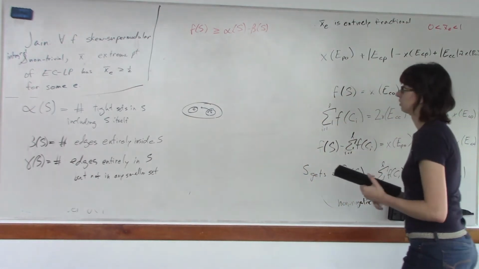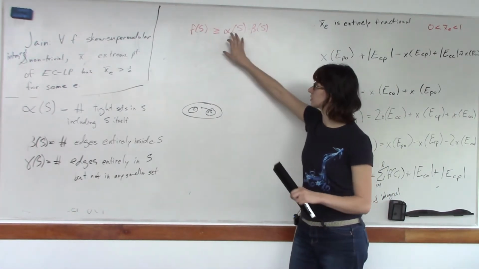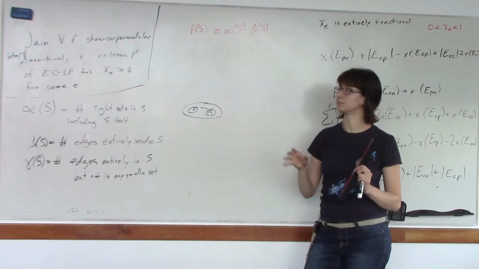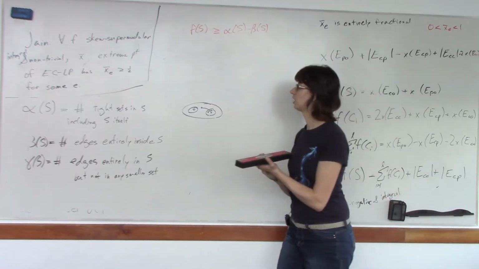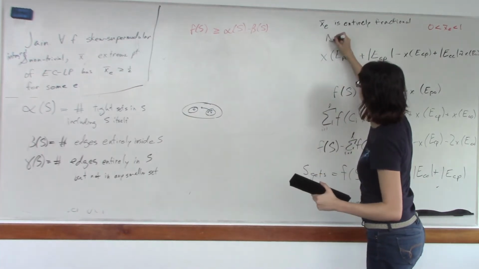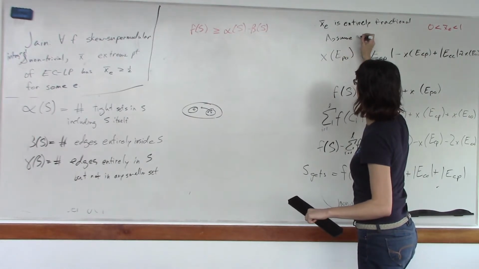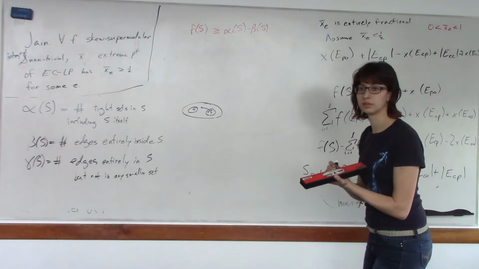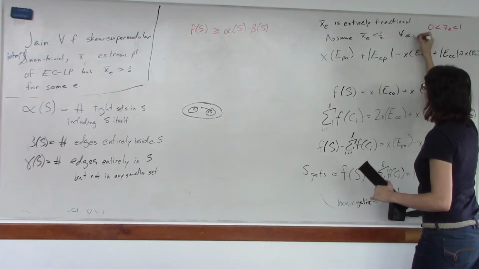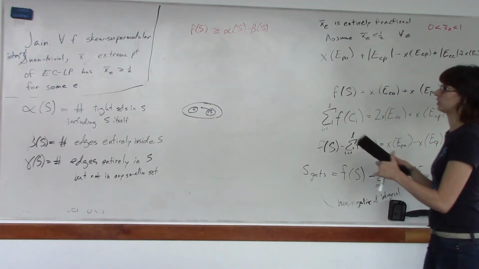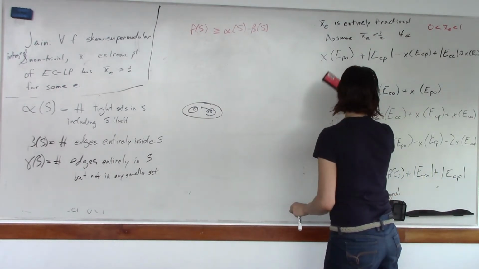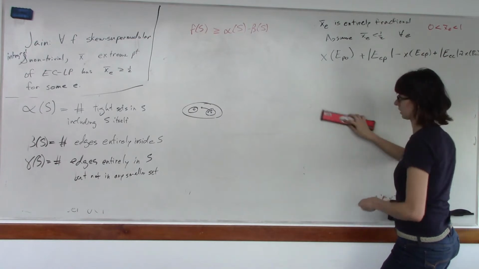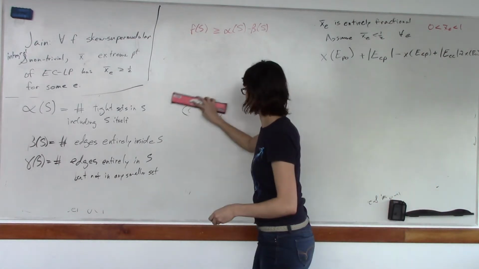This holds for all s when xe is entirely fractional, and we're also going to assume again that xe is less than a half for all e. So you need both for S. And I'm going to show that if this holds, then we have a contradiction, and then I'll go back and prove this claim.